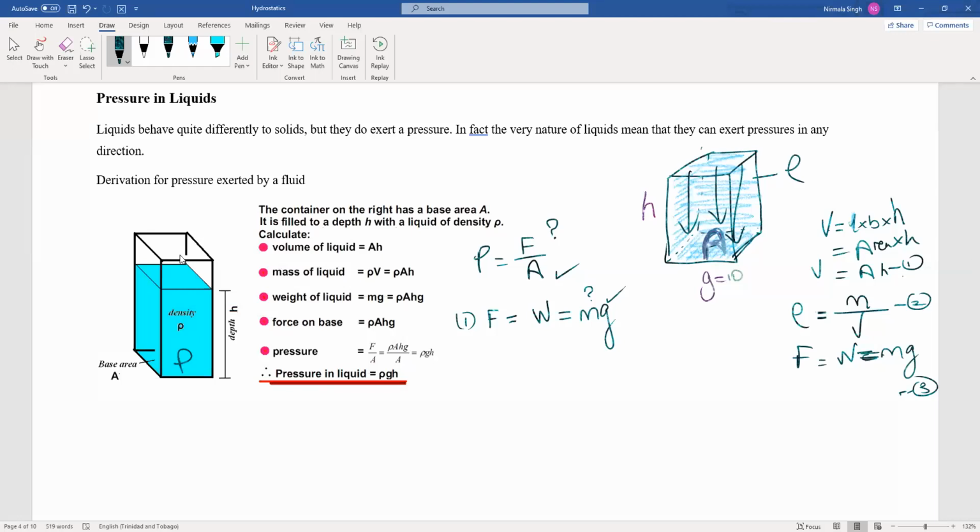So we can use step 2. We know density is equal to mass over volume. We know the density, and we know the volume of our container because we were given the dimensions, which is your base area by your height.